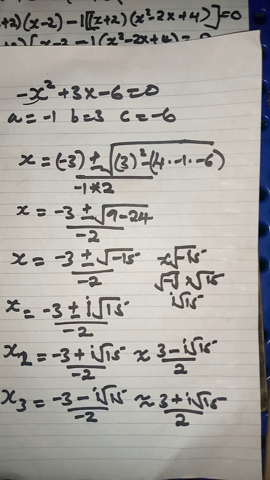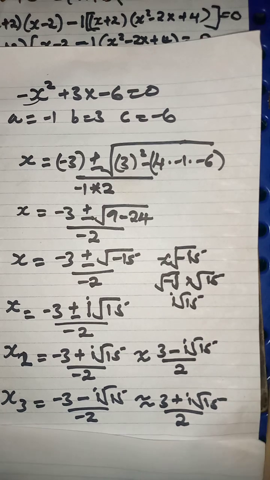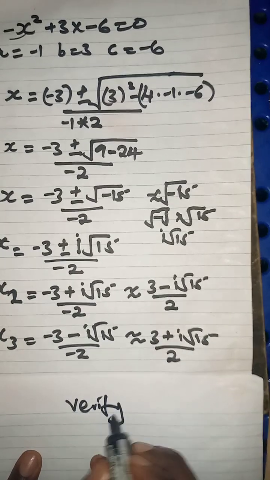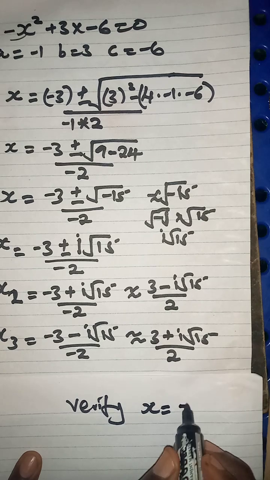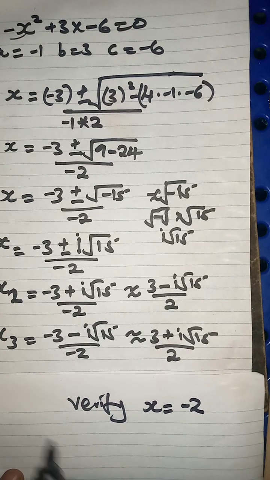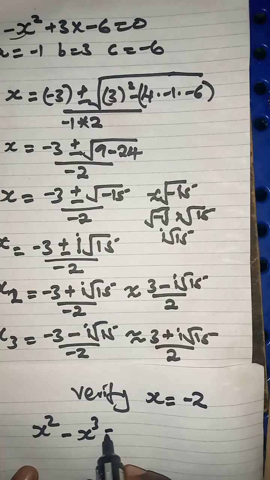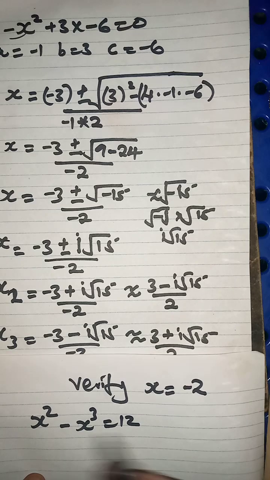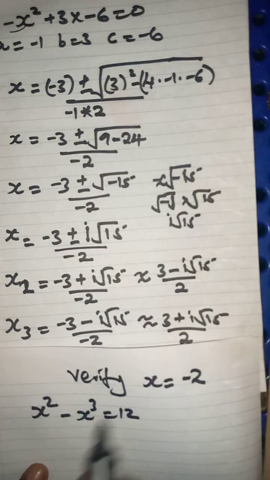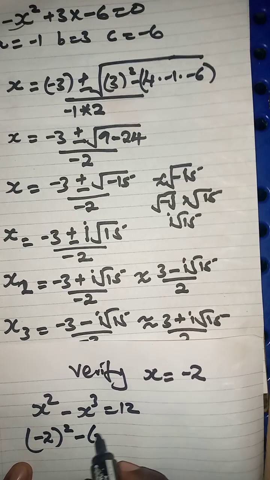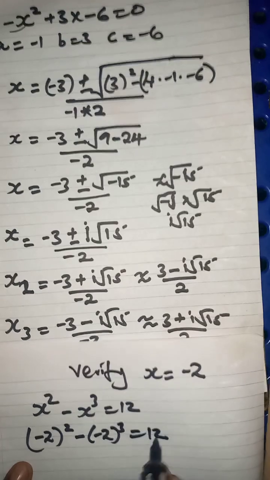Well, I'm going to verify very fast our first value of x, to see if it is indeed correct. Our value of x for the first one was negative 2, and our equation was x squared minus x cubed equals 12, meaning I'm going to substitute negative 2 wherever I have x, and this is going to be like that, equals 12.